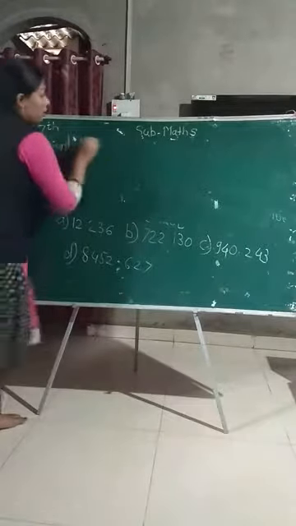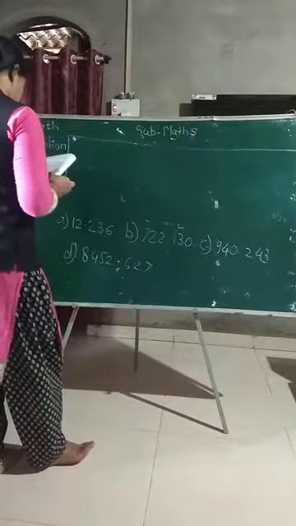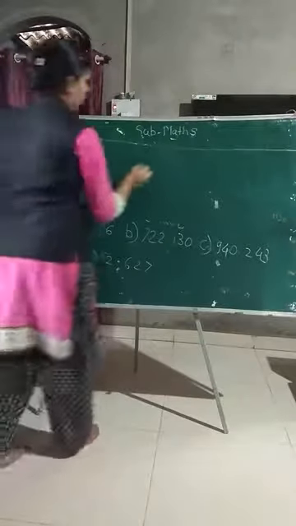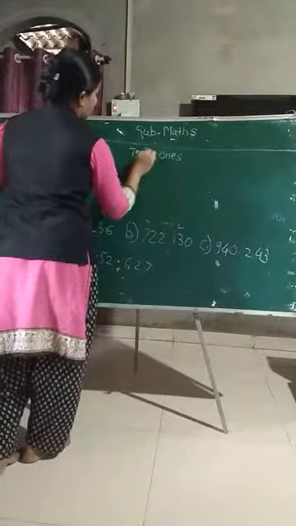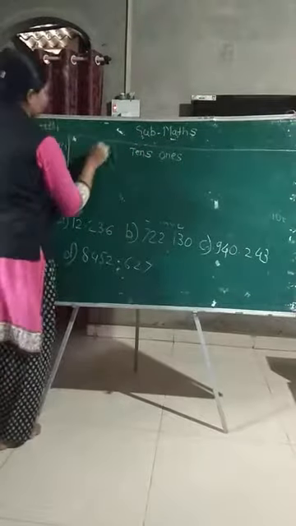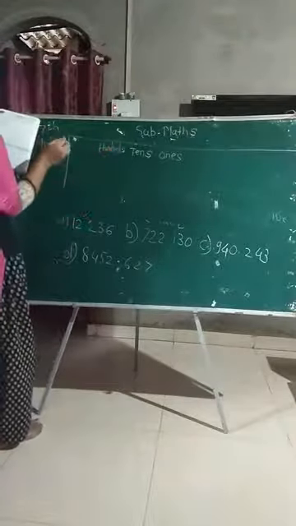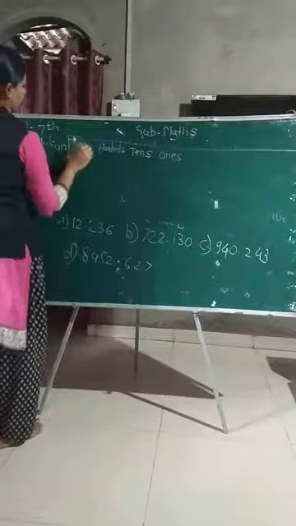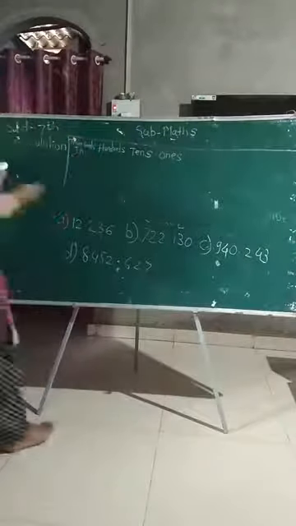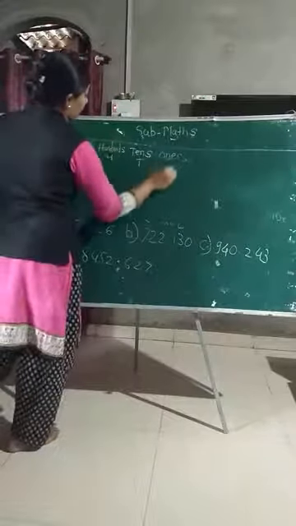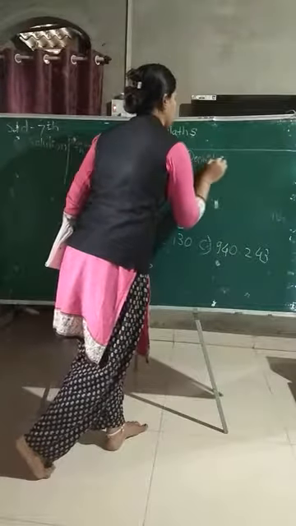In this chart, we write ones place, tens, hundreds, and thousands: thousands, TH, hundreds, H, tens, T, and ones, O. Here is decimal point.